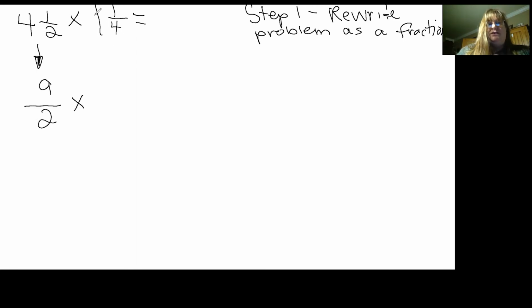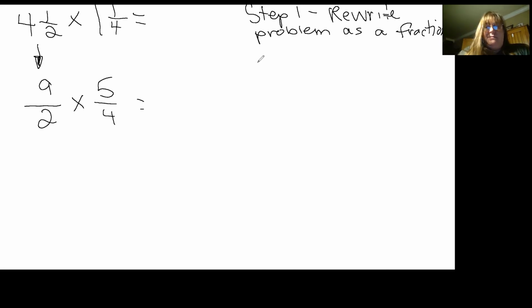Times 1 and 1/4: 1 times 4 is 4, plus 1 more is 5, over 4. We now have 9/2 and 5/4. If you look at the circle that we would make with a butterfly, you see that these numbers do not have common factors. So we can't reduce ahead of time, but that's all right.